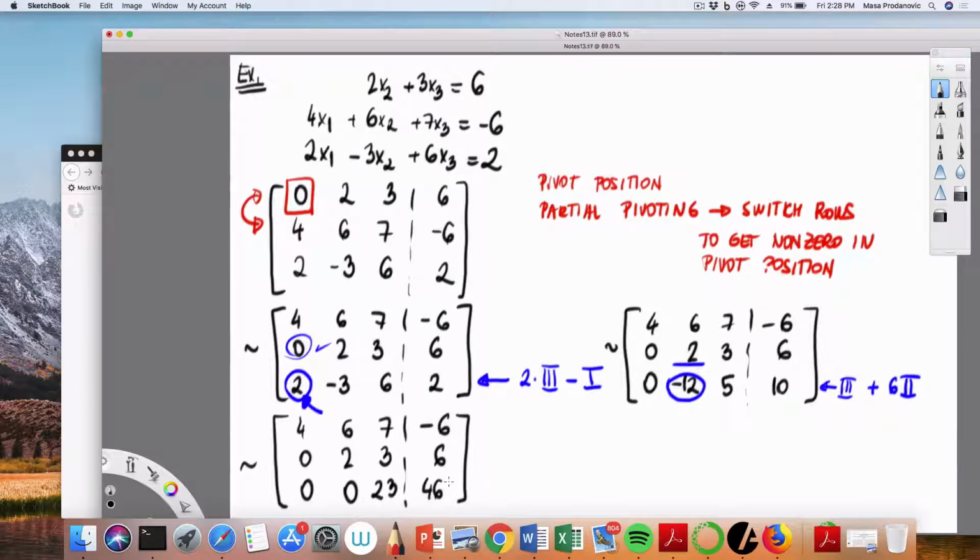So I'm ready for back substitution. I have an upper triangular system. Again, you can kind of see a triangle here, right? Upper triangular system. So when I solve, I start from the bottom. 23x3 is equal to 46. So x3 is 2. Then what? 2x2 plus 3 times 2 is equal to 6. 2x2 plus 6 is 6, so 2x2 is 0.